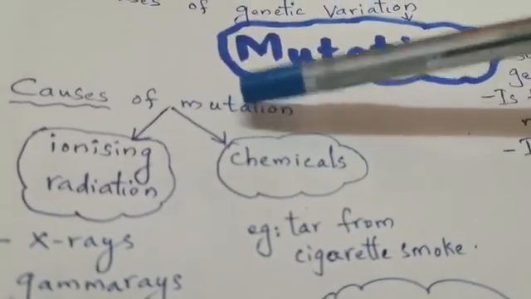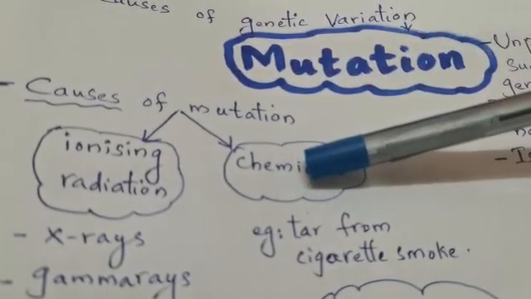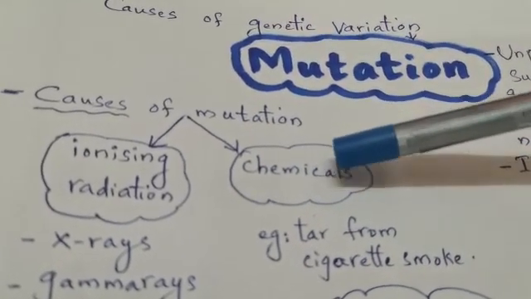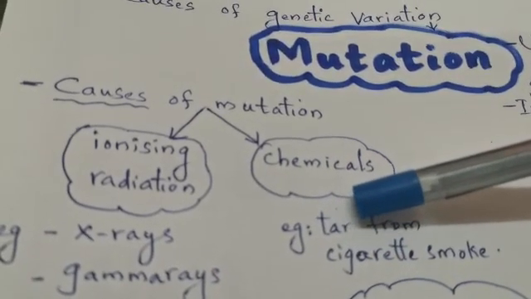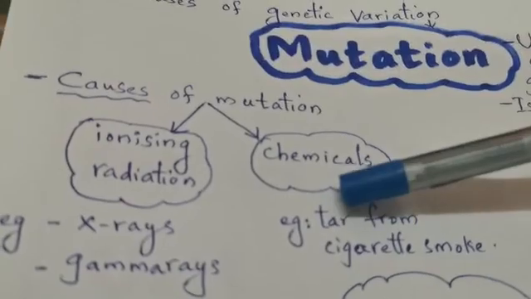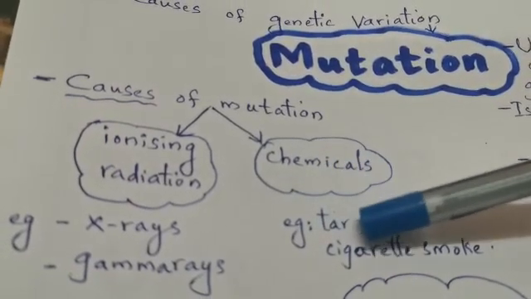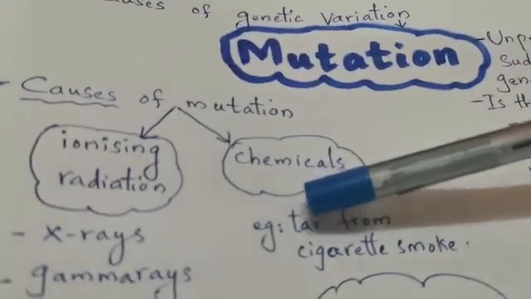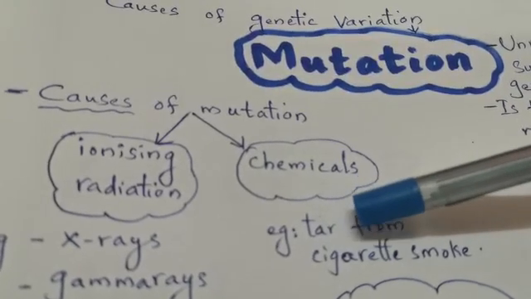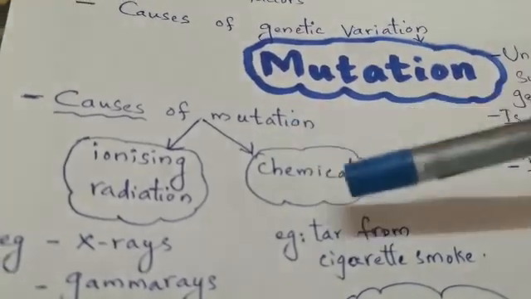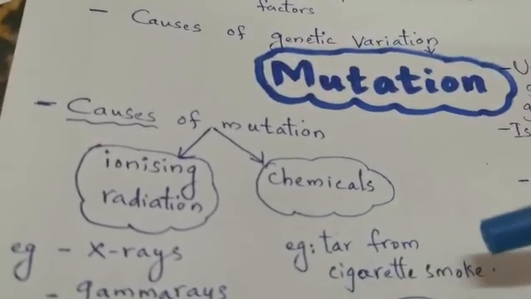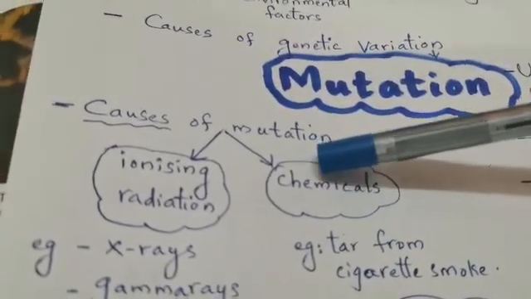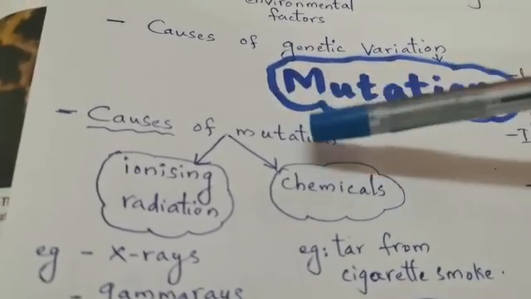Then another reason for mutation is the chemicals or effects of the chemicals. For example, if you are a smoking person, the tar, this is a chemical. This tar can make mutation in the genes or chromosomes. Tar from the cigarette smoke can make changes in the genes or chromosomes.